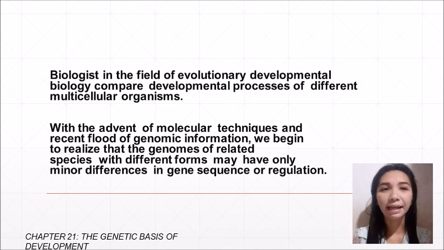They want to understand how developmental processes lead to modifications in the organism's features or even lead to new ones. With the advent of molecular techniques and the recent flood of genomic information, we begin to realize that related species with different forms may only have minor differences in their gene sequences or regulation.